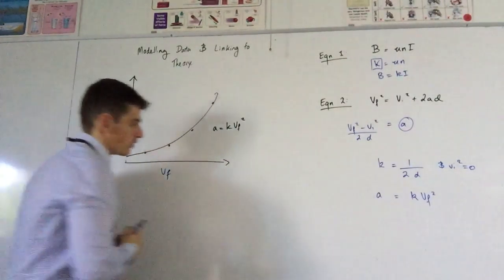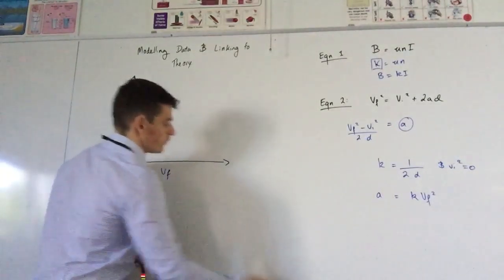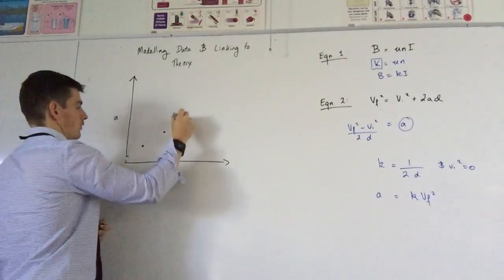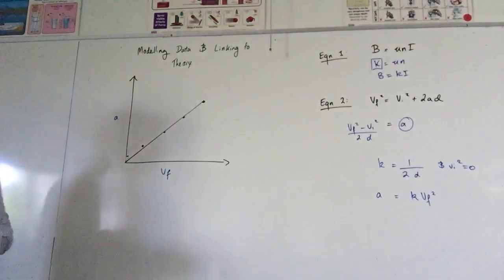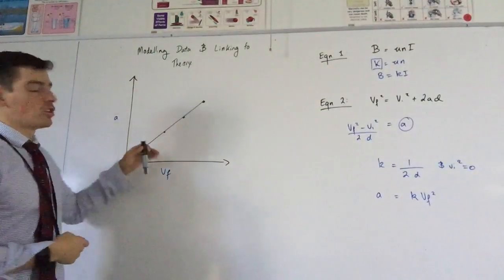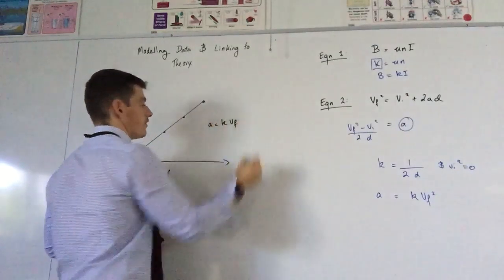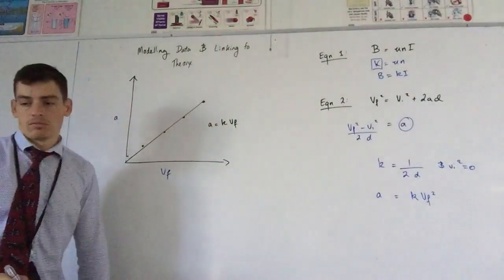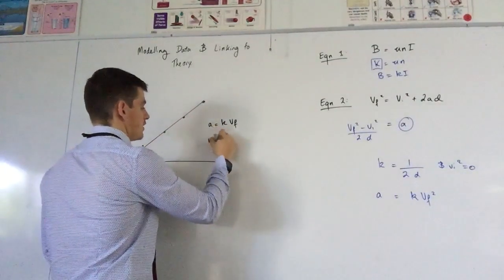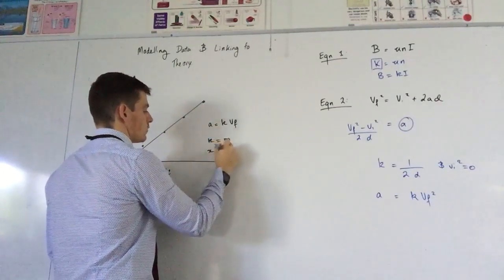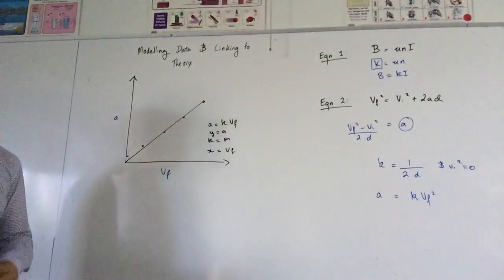If I got data that looked like this, that would not support my theory because that shows a linear trend which says that A equals k Vf, where k is equal to m, x is equal to Vf, and y is equal to A, if you want to go y equals mx plus c.